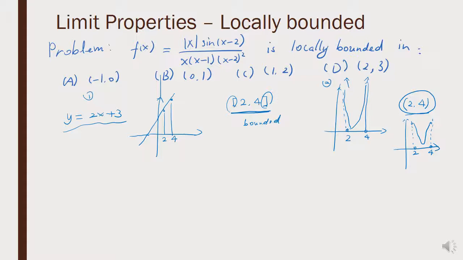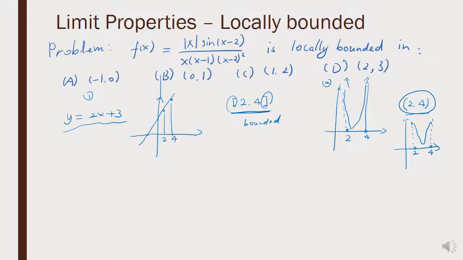So for example, we can say f(x) equals maybe 5 here and 7 here. So if n equals 8, or anything a little bigger than 7, we can say the absolute value of f(x) is smaller than 8.